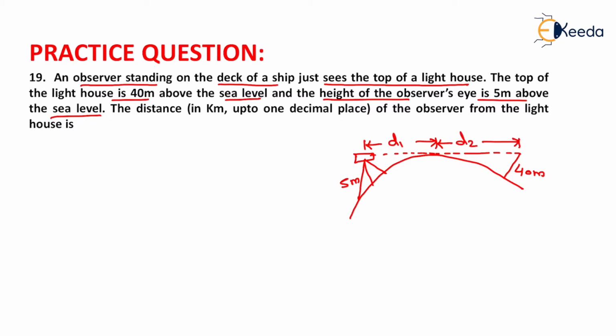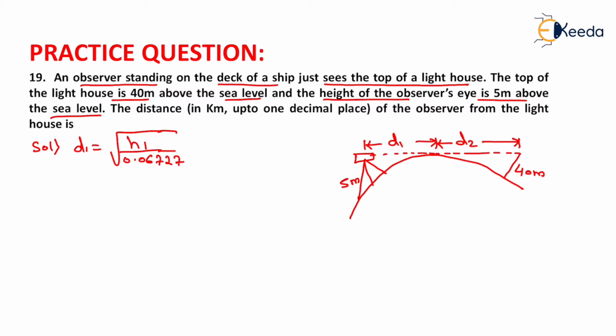Now we need to find the distance of the observer from the lighthouse, that is d1 plus d2. So in this problem we need to apply the distance of visible horizon two times. So d1 will be equal to the square root of h1 upon 0.06727.